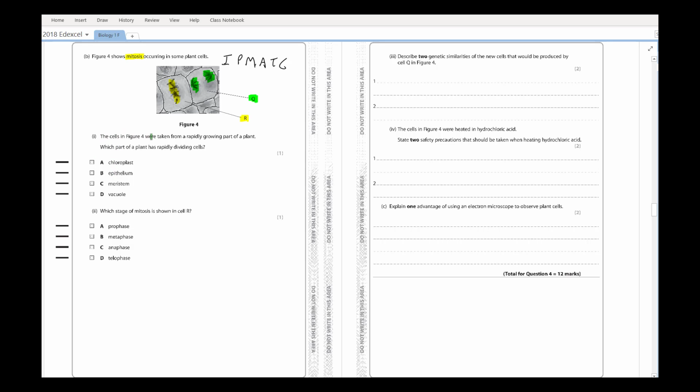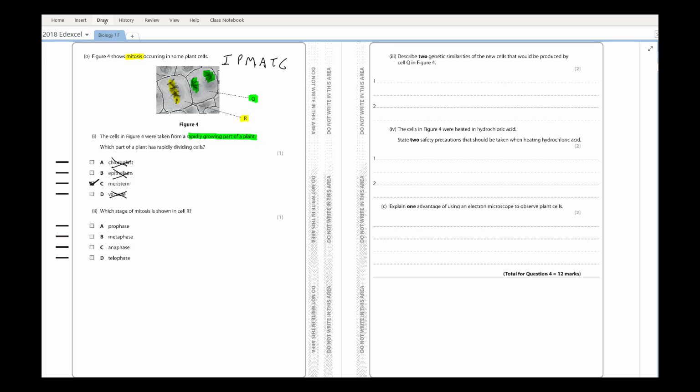The cells in figure 4 are taken from a rapidly growing part of the plant. The chloroplast is a subcellular structure, an organelle, so it's not that. The epithelium is not that. The vacuole is another part of the plant cell that stores water, so it must be the meristem. The meristem is the area where you have rapidly dividing cells.